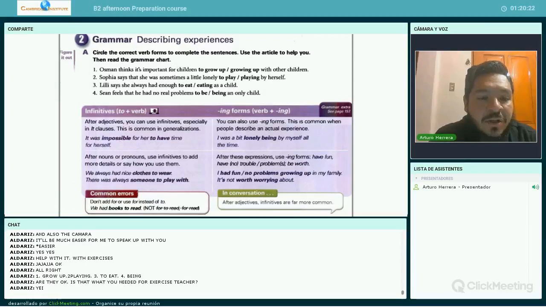After nouns or pronouns, use the infinitive to add more details or say how you use them. We always had nice clothes to wear. There was always someone to play with.